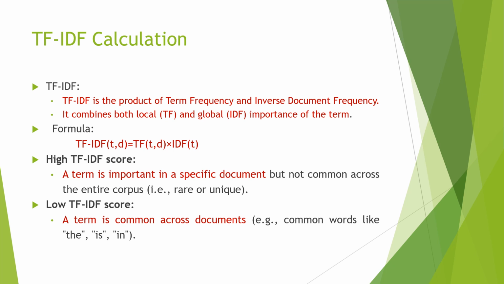If the score is high, then the word is important in a specific document, and the words are not common across the entire corpus. If the score is low, then the word is common across documents. For example, the, is, in, of are common words used in the English language.